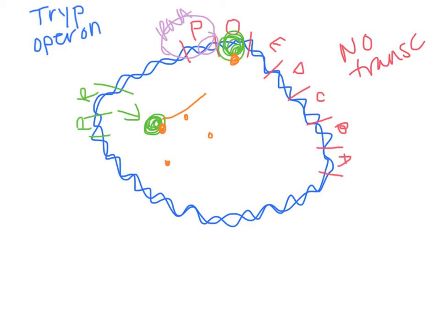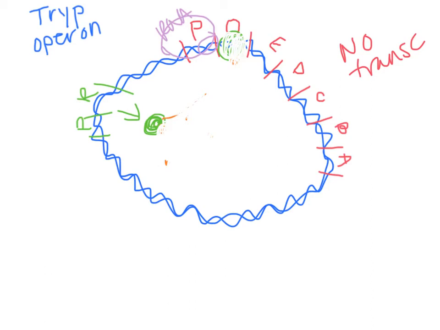Now, when we don't have any more tryptophan, or tryptophan is low, we get rid of all this tryptophan. Go away, go away. Then that causes the release of the repressor from the operator. And now what happens?